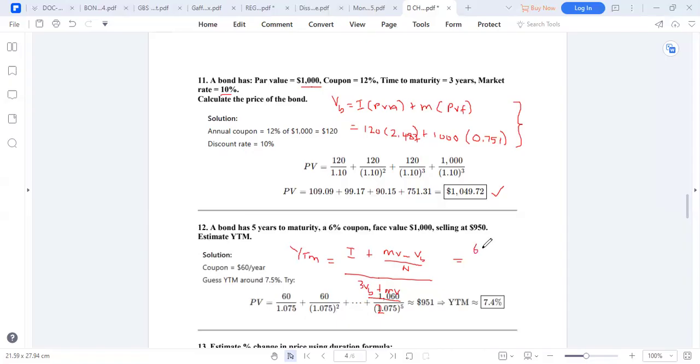Sixty kwacha, minus what's the MV? 1,000. 1,000 minus VB, 950. 950 over N, 5.